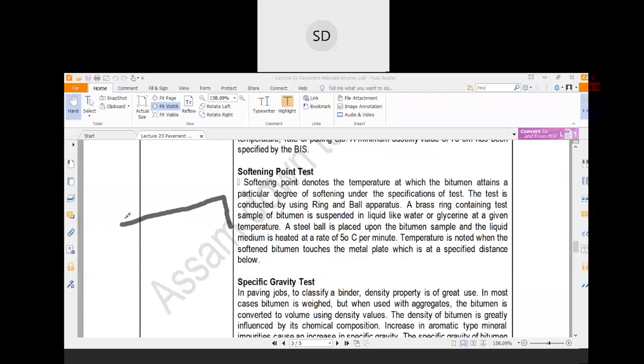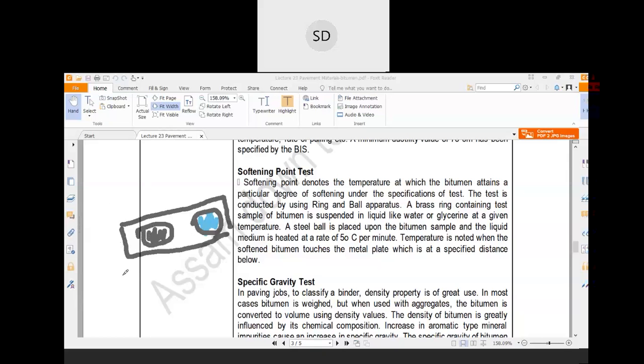One ring would be there, a brass plate would be there. Over the brass plate, two holes would be there. You fill these two holes with the bitumen, and over this you place one steel ball. Then you heat this whole plate in a jar filled with water.